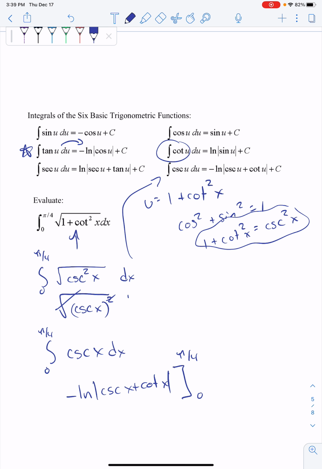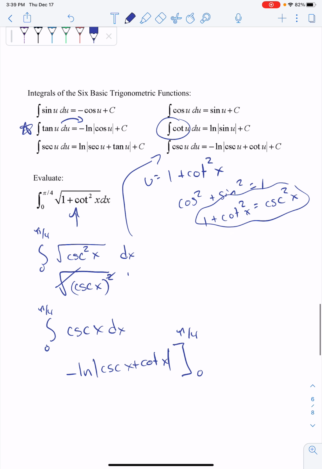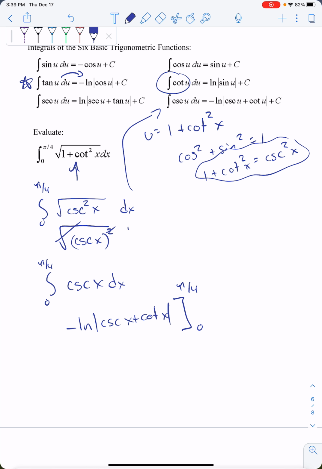So I don't need to worry about my plus c. What I need to do is plug in pi fourths and plug in 0, which is where this one gets fun. So negative natural log of the cosecant of pi fourths plus the cotangent of pi fourths minus the negative natural log of the cosecant of 0 plus the cotangent of 0.